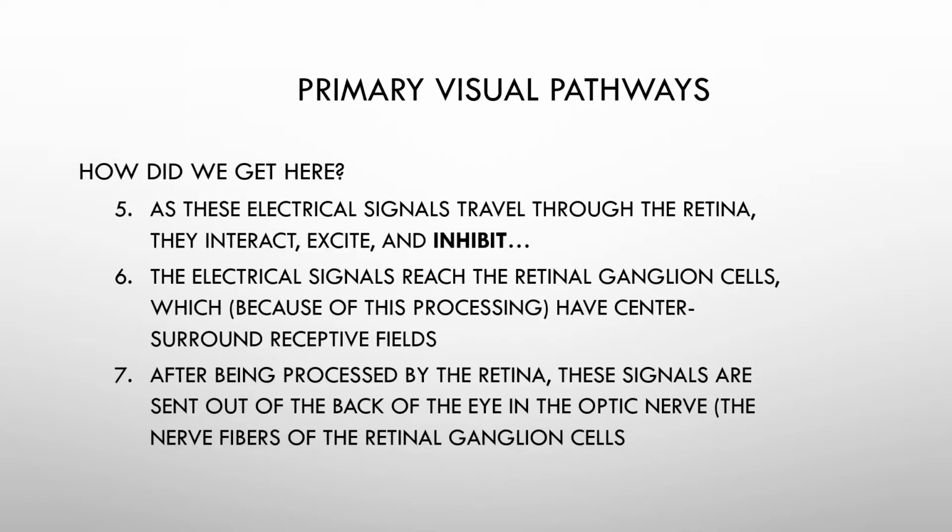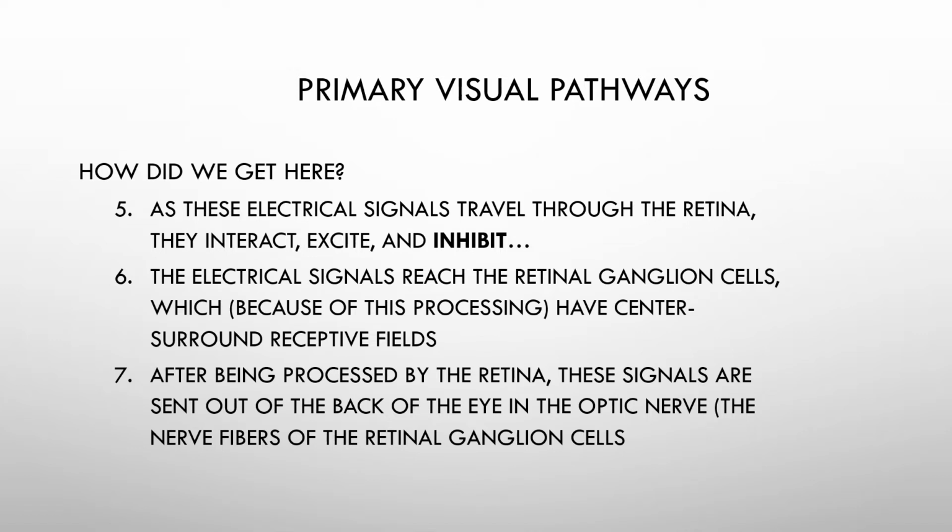As these electrical signals travel through the retina, because we have those photoreceptors, bipolar cells, retinal ganglion cells, and between those two, the horizontal and amacrine cells doing the crosstalk, those electrical signals interact, they excite and inhibit each other. The electrical signals reach the retinal ganglion cells, which because of this processing have center surround receptive fields.